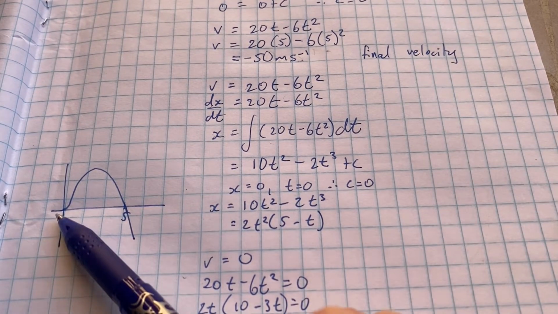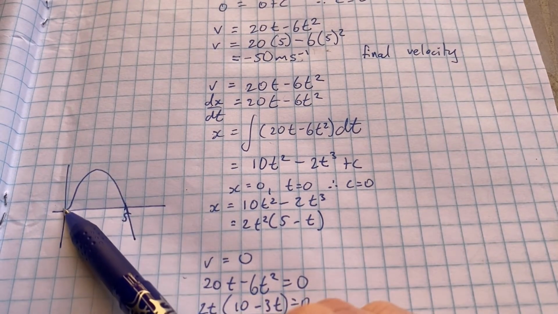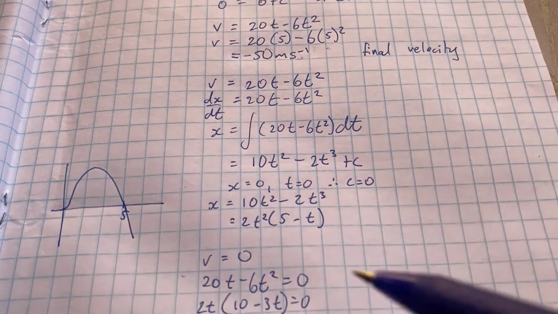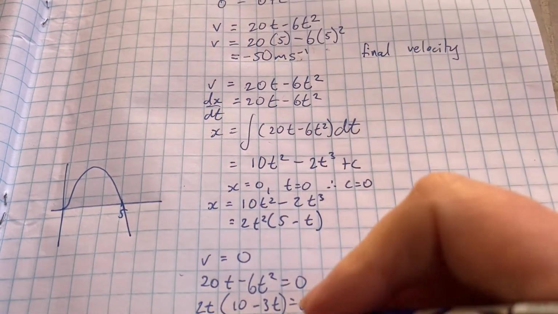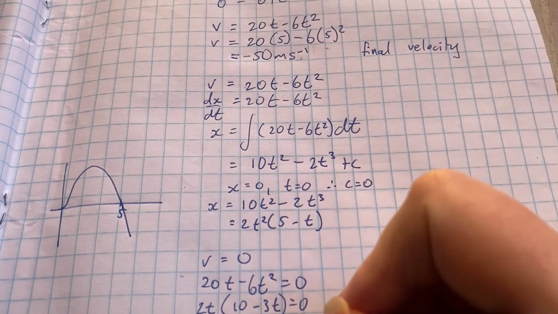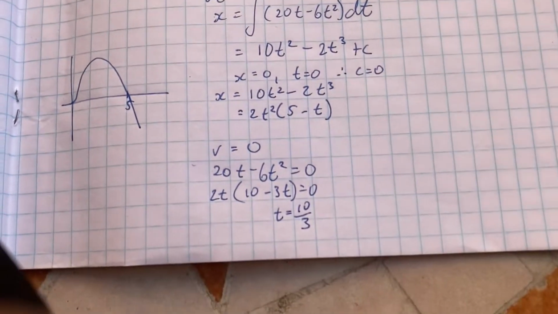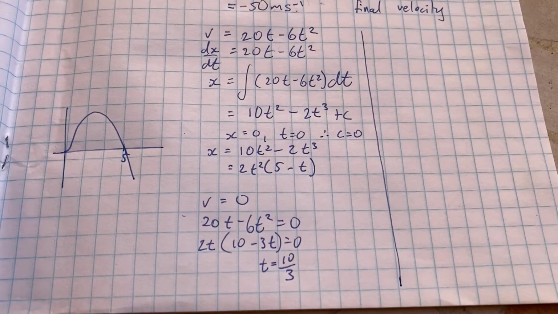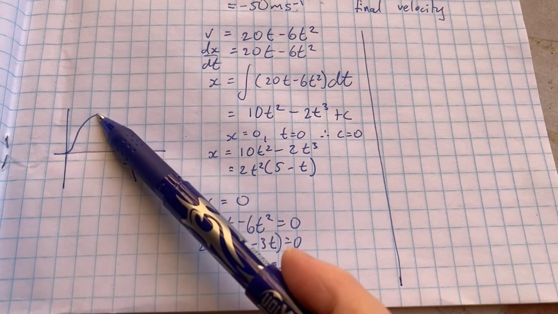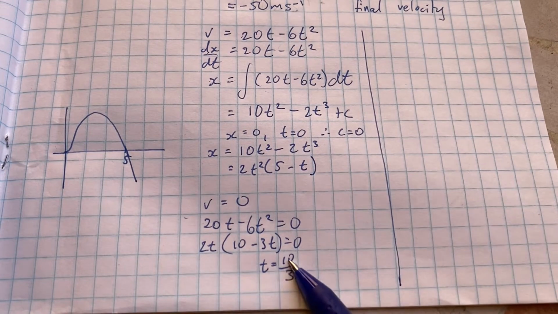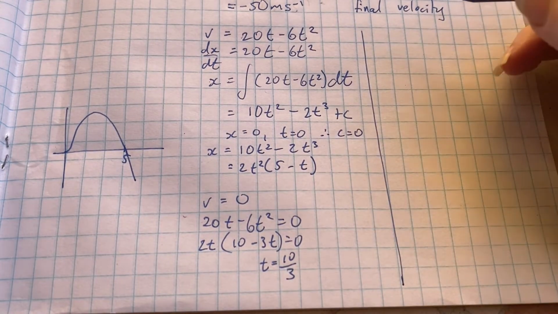T equals 0 is obviously the beginning, because that's a turning point as well. So this one is when this one equals 0. So t equals 10 on 3. So let's just go ahead and calculate how far it travelled from here to here. So we need to find its displacement when t equals 10 on 3.